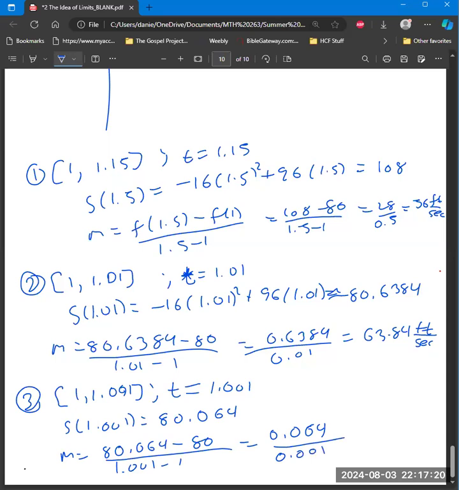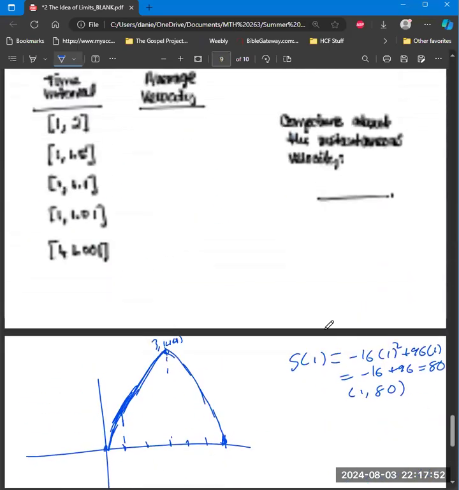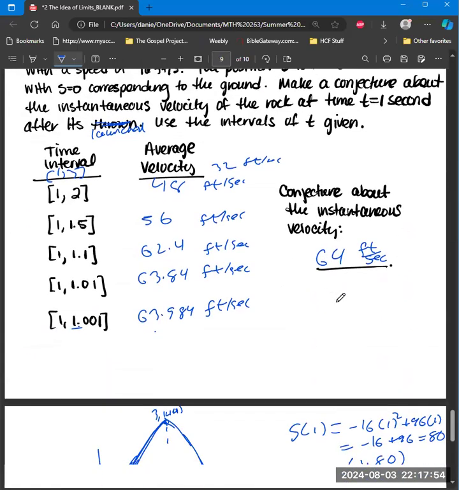And more precisely, it's not this, it was 0.063984, so 63984 over 0.001 means we move this 3 places to the right, which is going to make this 63.984. And so we're getting closer and closer and closer in on 64, like we said.